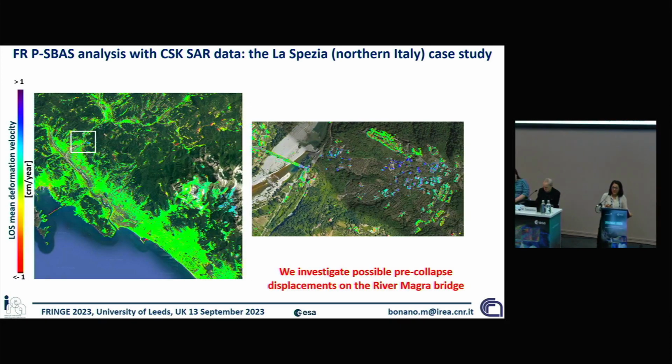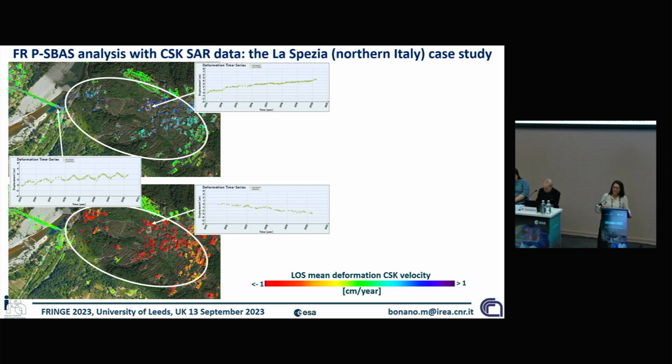And so for this one, we have investigated both ascending and descending orbits. And we can see the different behavior, blue and red, due to the presence of east-west components and due to the deformation relevant to the landslide. The body of the landslide is pushing towards the right shoulder of the bridge.